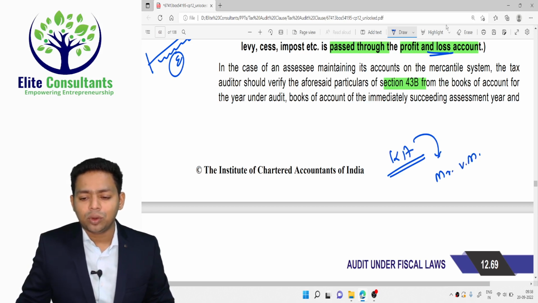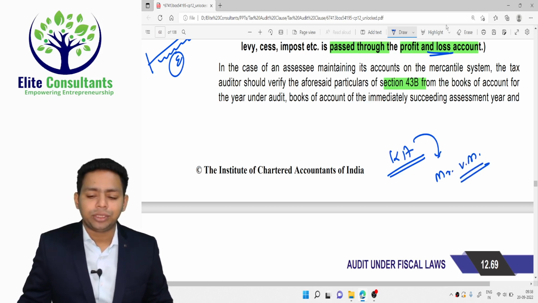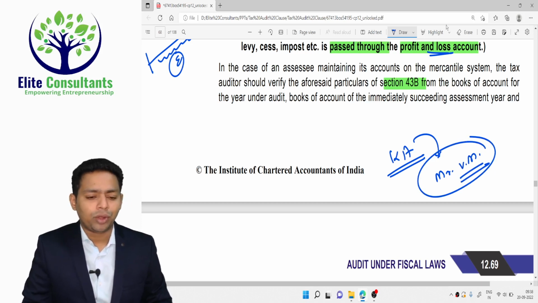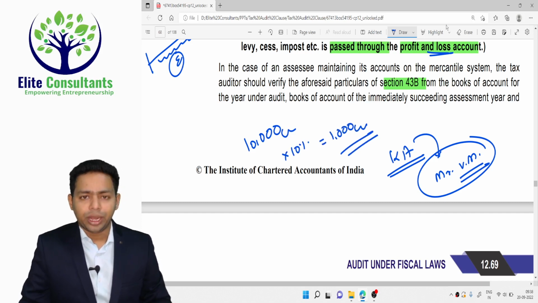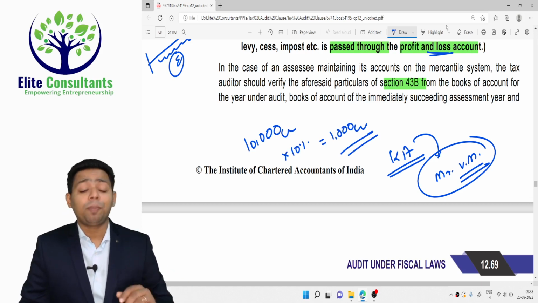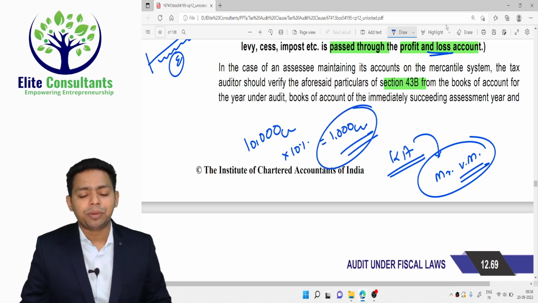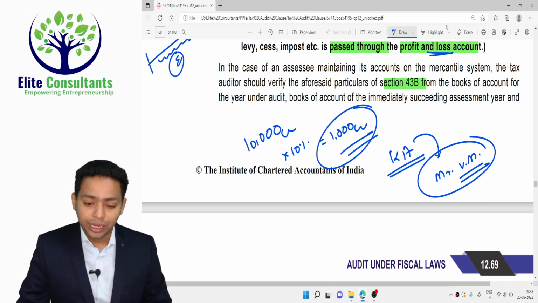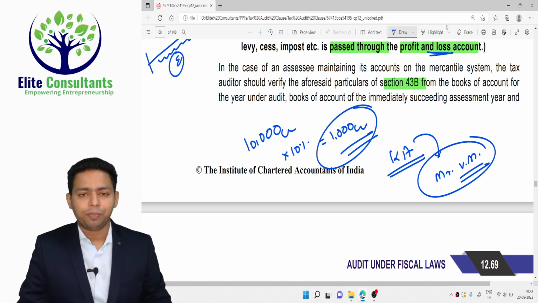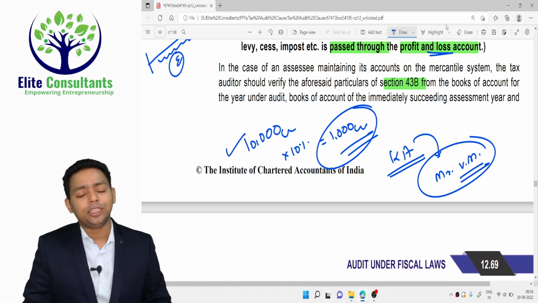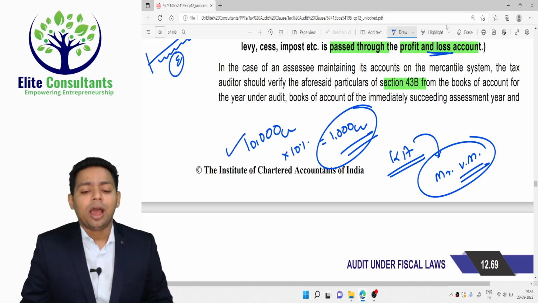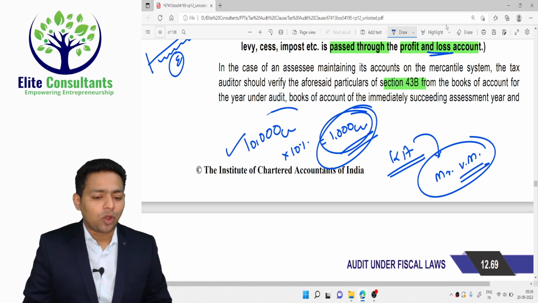In a sarcastic sense we say Mr. Vijay Mallya has borrowed around 10,000 crore loan from Indian banks, and even if you apply 10% interest, that means he is incurring 1,000 crore interest every year, but he is not paying it. What's the attitude of Mr. Vijay Mallya? He says, paying interest is not my principle, and paying principal is not in my interest. Hence, I neither pay interest nor principal.